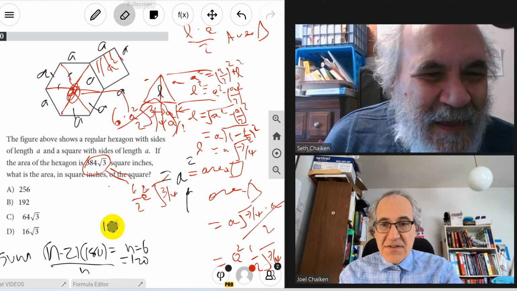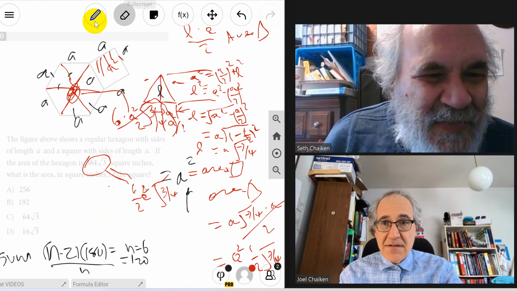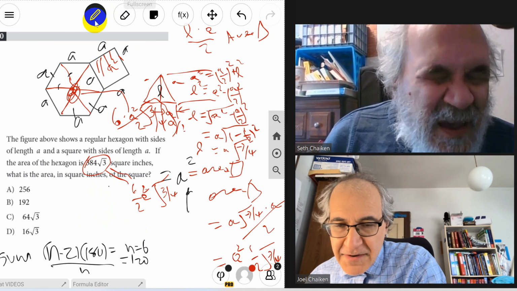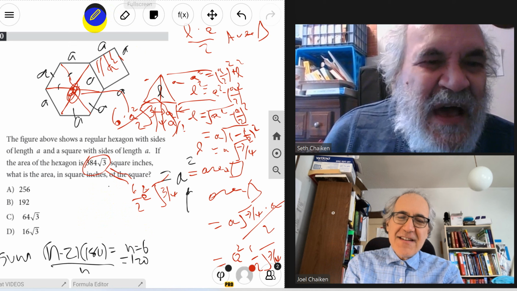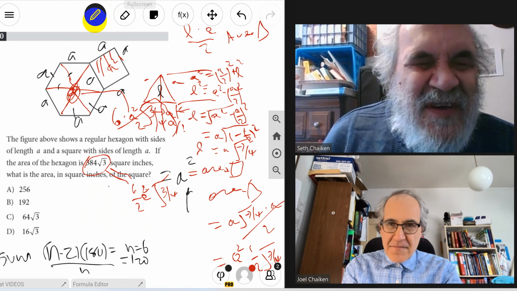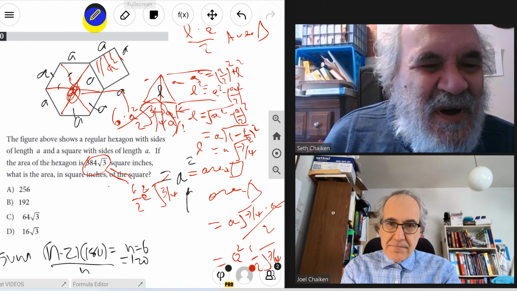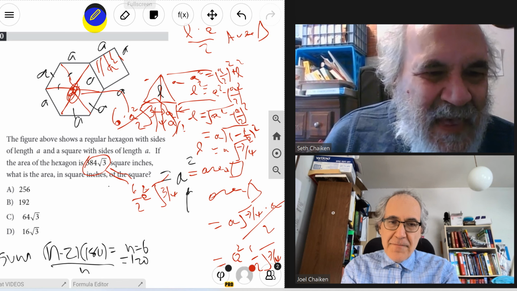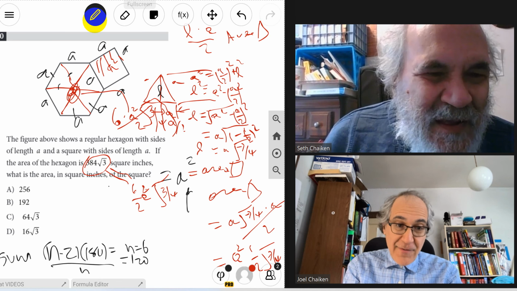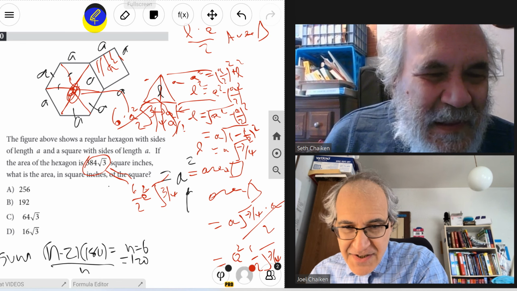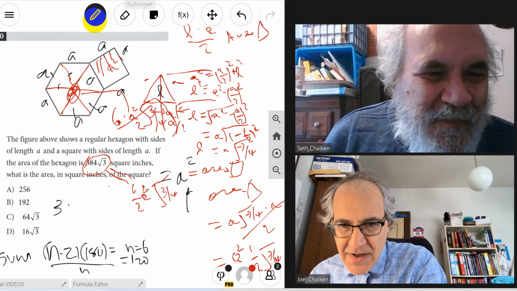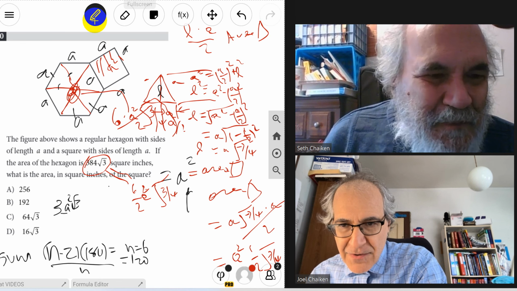Well, the calculator. See, what happens is the radical 3's cancel. But let's do it algebraically: you cancel out stuff until you're left with a simple expression for A. I'm a big fan of not simplifying, but I think you went a little overboard here, because this is really 3A squared radical 3/2.